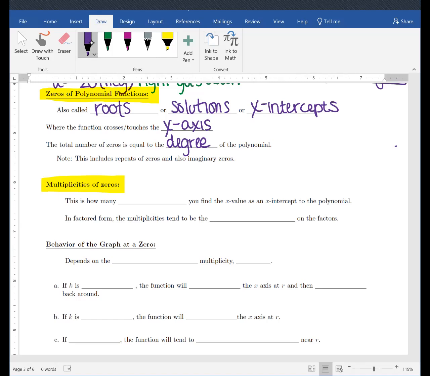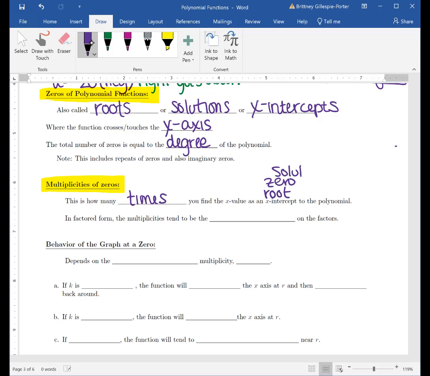Multiplicities, this is how many times you find the x value as an x-intercept or root or zero or solution to the polynomial. In factor form, the multiplicities tend to be the exponents on the factors.